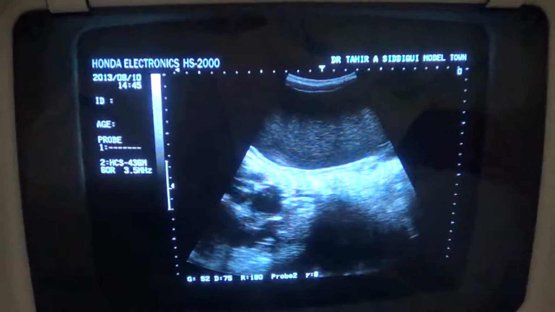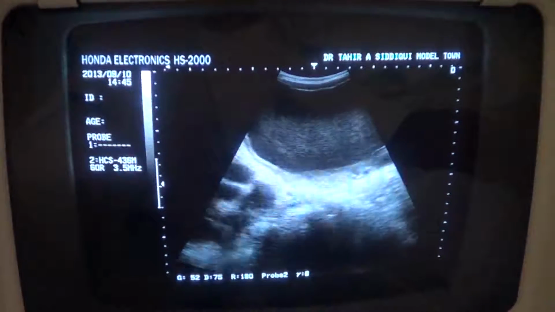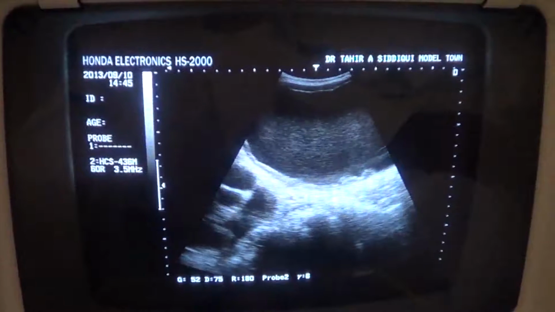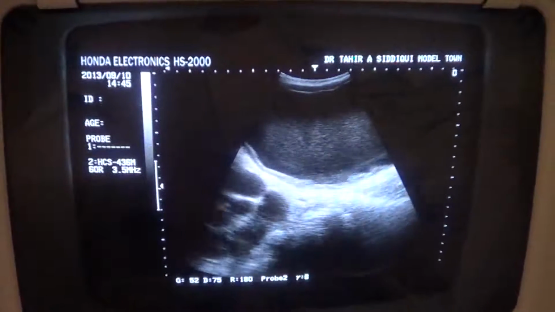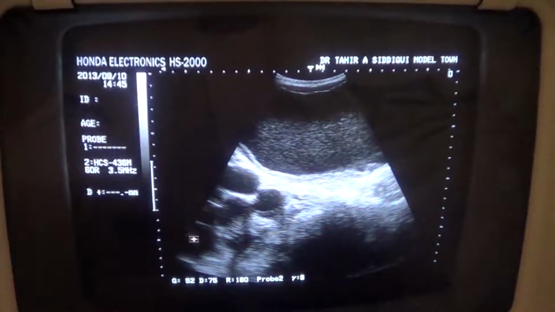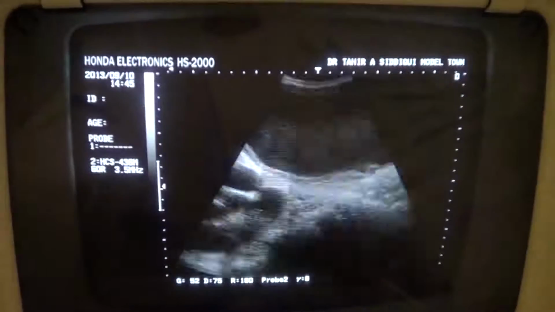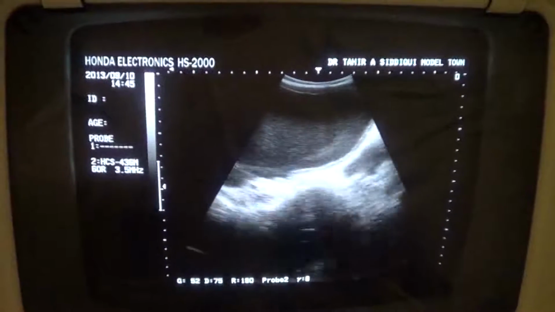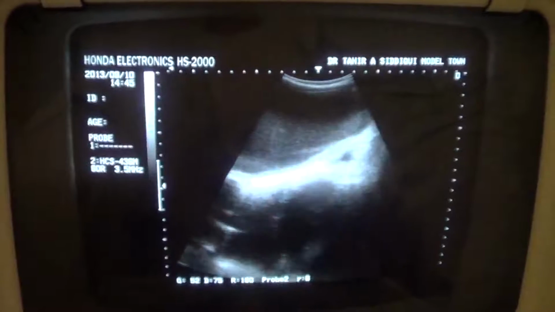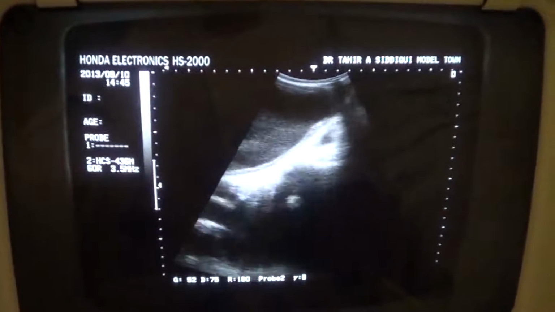Now this is again a rescan, a continuation of the same patient after micturition. This is the post-micturition scan. You can see that these are the ureters giving you a convoluted appearance. This is the right side, right ureter, and over here the left side will give you the same convoluted appearance.